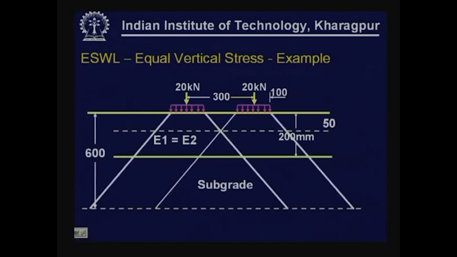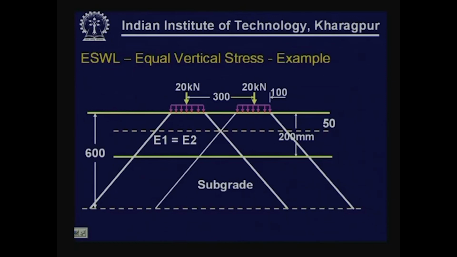Let us see the calculations. And this is how we assume this stress distribution is going to be. So at a depth of less than 50 millimeter, that is d by 2, there is no overlap. So the equivalent single wheel load is going to be 20 kilonewton.